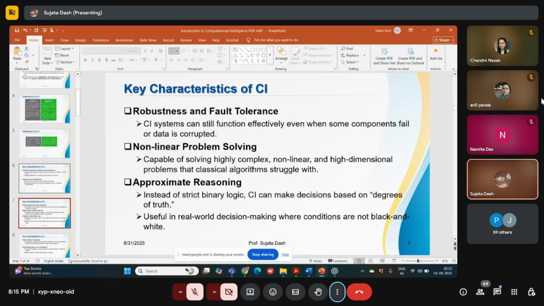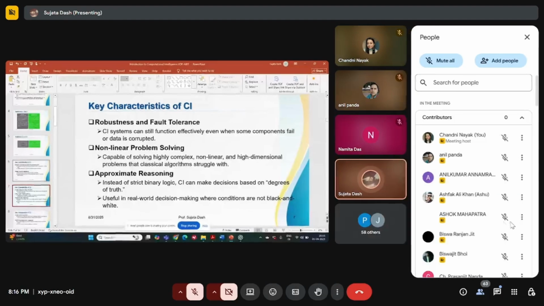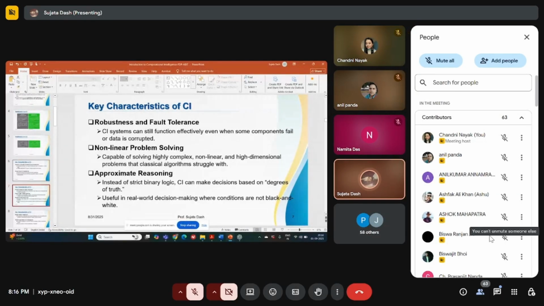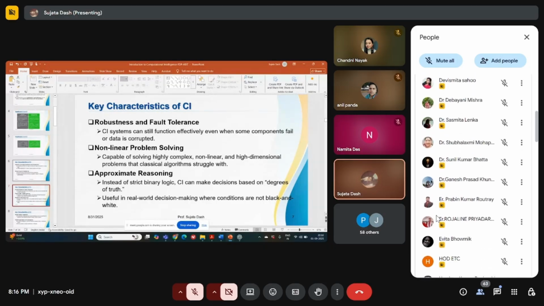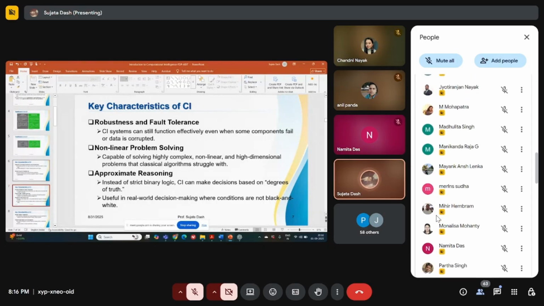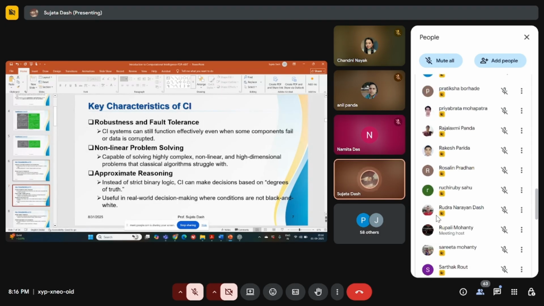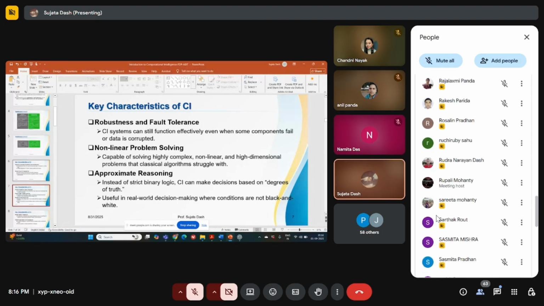Then comes approximate reasoning. Unlike classical logic, which all of you know about, so I'm not going through that, which only allows yes or no, true or false answers, CI allows decisions to be made in degrees of truth. For example, a thermostat doesn't just decide hot or cold.